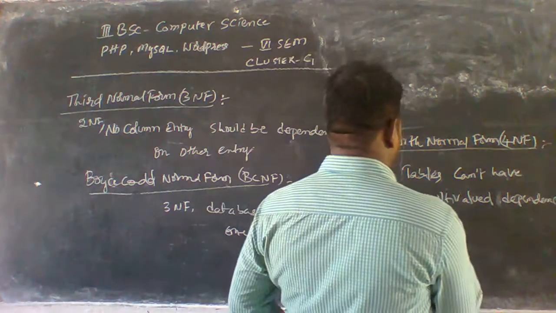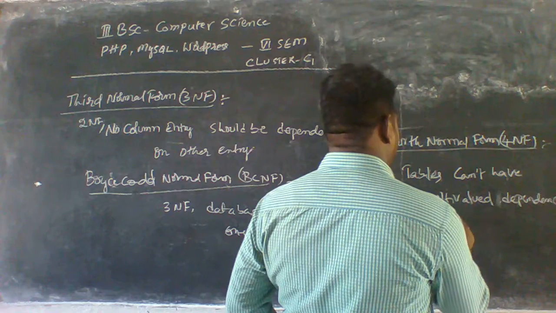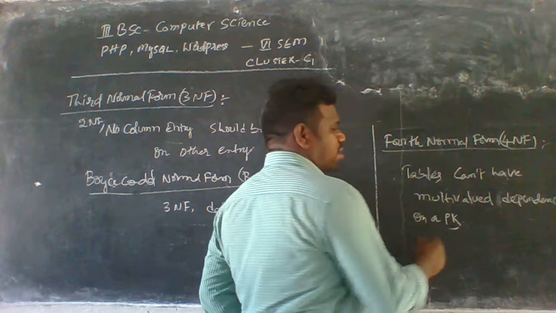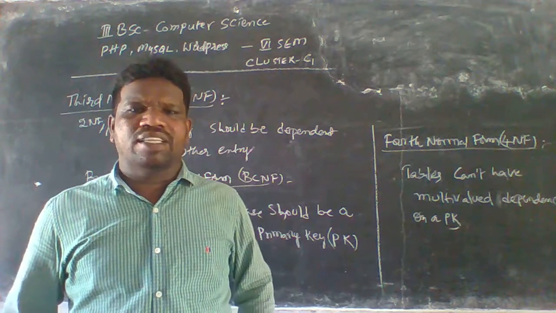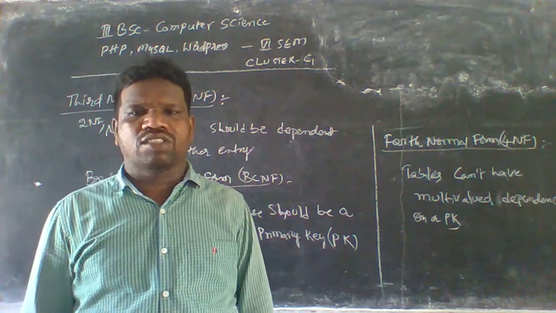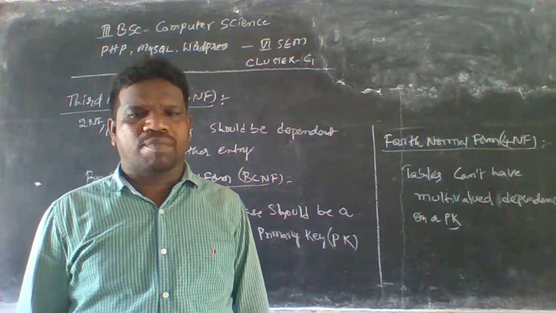PK means the primary key here. So in this, no such dependency can remain. That is what we call the fourth normal form.